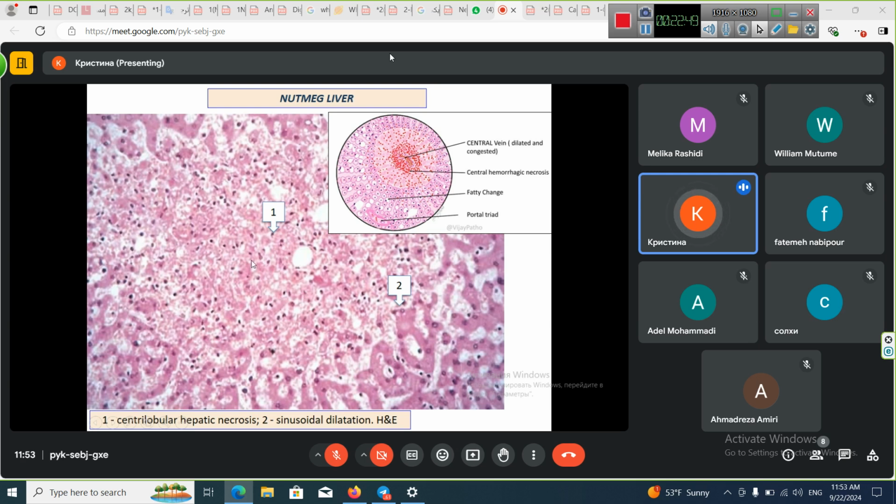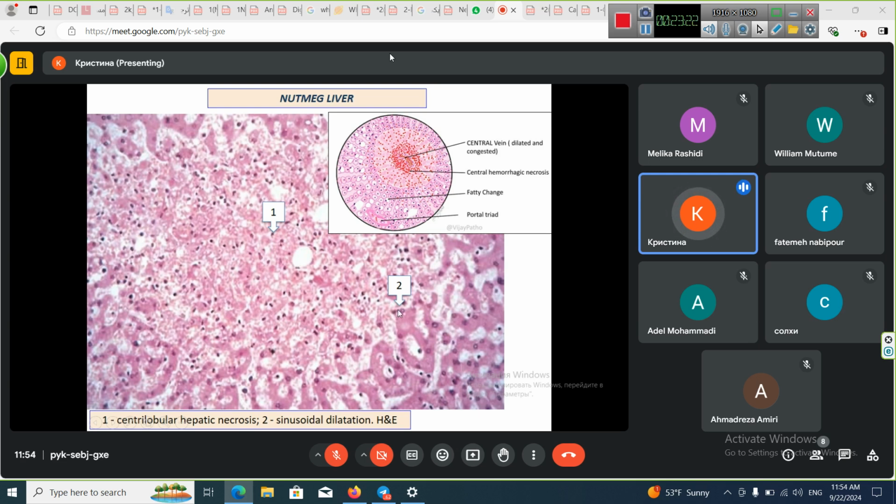In this area you see no cell borders and no nuclei of the cells. Only some nuclei are still present. Most of the nuclei in this area are the nuclei of sinusoidal capillary endothelium. So here hepatocytes are dying. Centrilobular hepatic necrosis means necrosis of hepatocytes which are located close to the central vein here.